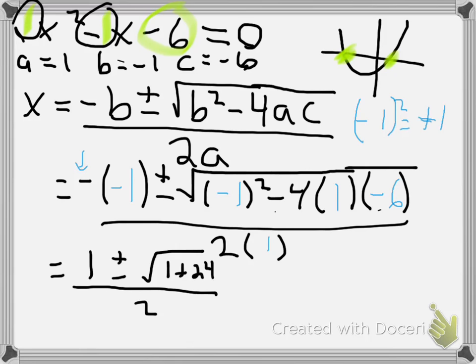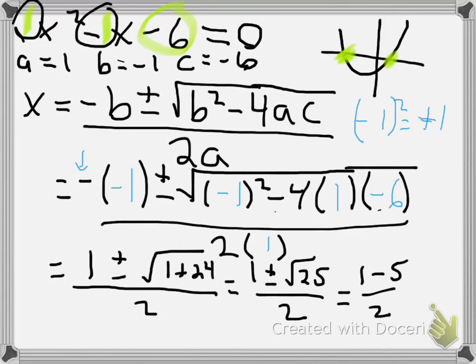And so that's going to be 1 plus or minus the square root of 25 over 2, which is 1 minus 5 divided by 2. That's the minus part right here. And then I'm going to do the plus part next: 1 plus 5 over 2.